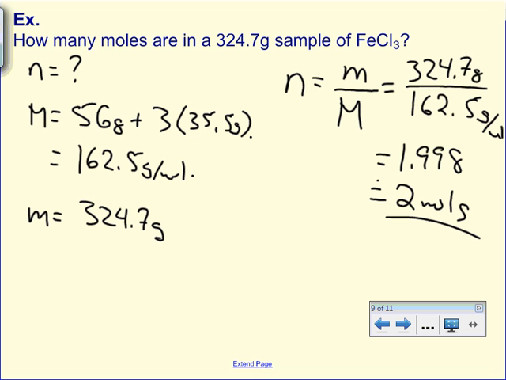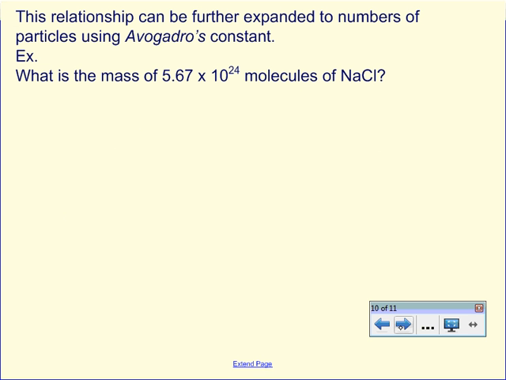All right, so there I just did one where I didn't know the moles, and another one where I didn't know the mass of the compound. Now I can expand this further using number of particles and Avogadro's constant. So for this question, I want to know what the mass of 5.67 times 10 to the 24 molecules of NaCl is. Well, I'm given 2 things. I'm given the number of particles, in this case number of molecules. I'm also given the formula from which I can figure out the molar mass. What I'm also given, but I don't really know it, is Avogadro's number.